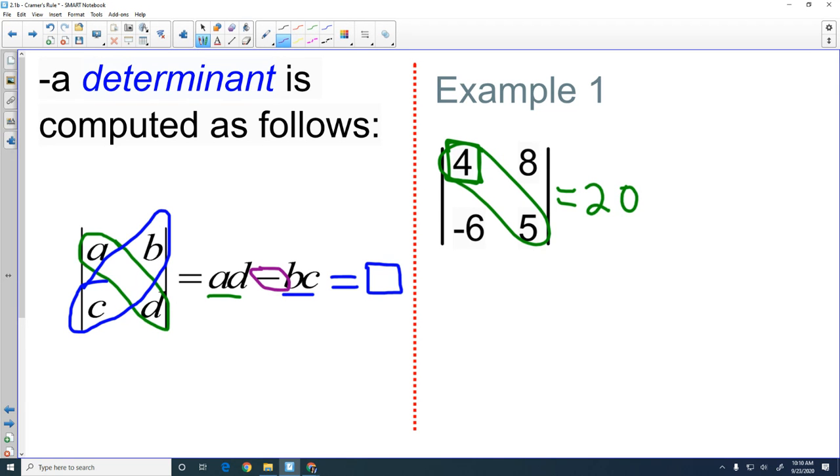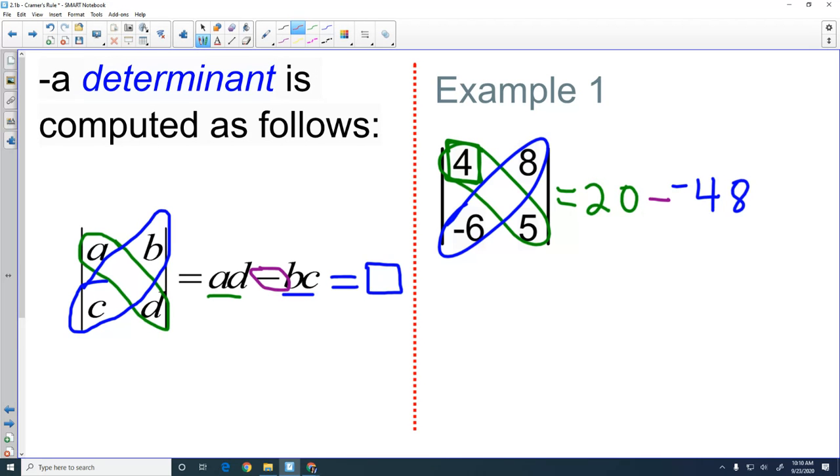Then we're going to subtract. Make sure you put in that subtraction sign before you even look at the next set of numbers, because you must include that subtraction. Then I take this other diagonal and multiply it. So negative 6 times 8 gives us negative 48. Now we just have to subtract these two numbers.